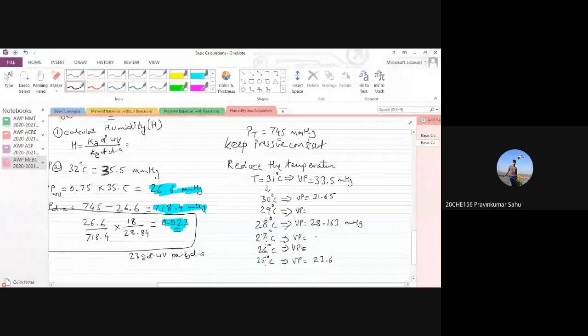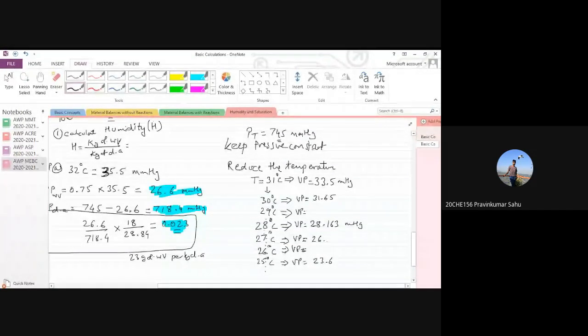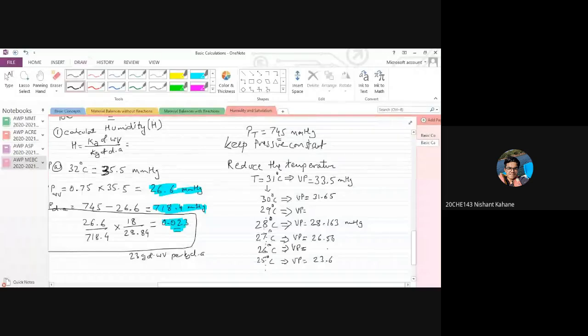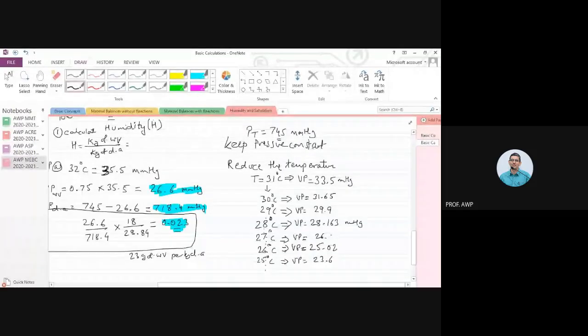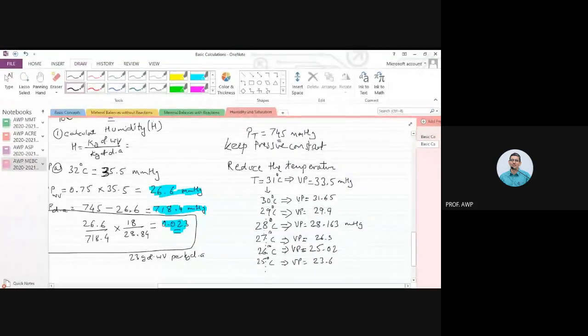For 27, it is 26.56. For 29, it is 29.9. Only 26 degrees centigrade is remaining now. 25.02, 26.5, let's say.